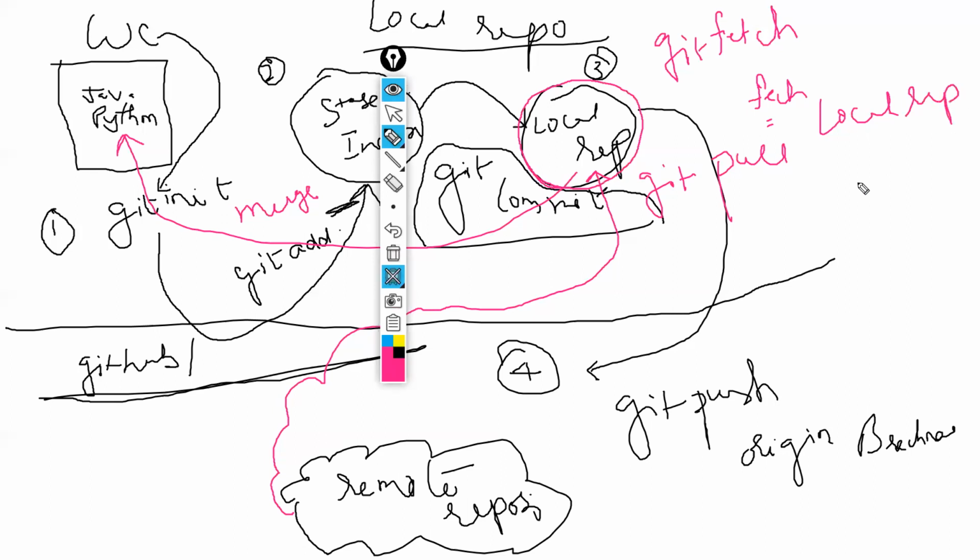And to make this available in the working copy, you need to use one more command called git merge. But if you use a single command, git pull, your code will be available in both local repository plus working copy. So in the sense, git pull is equal to fetch plus merge.